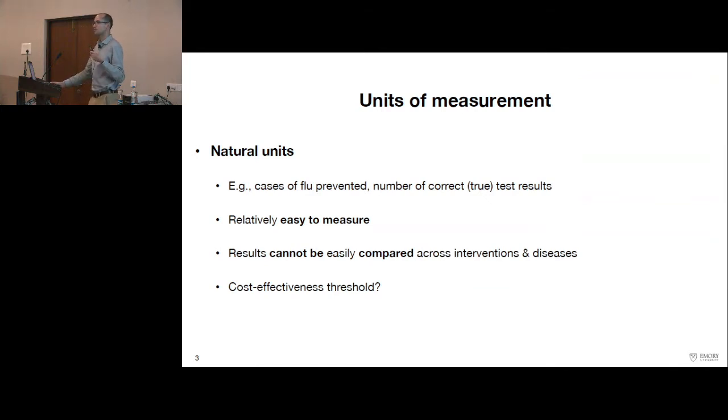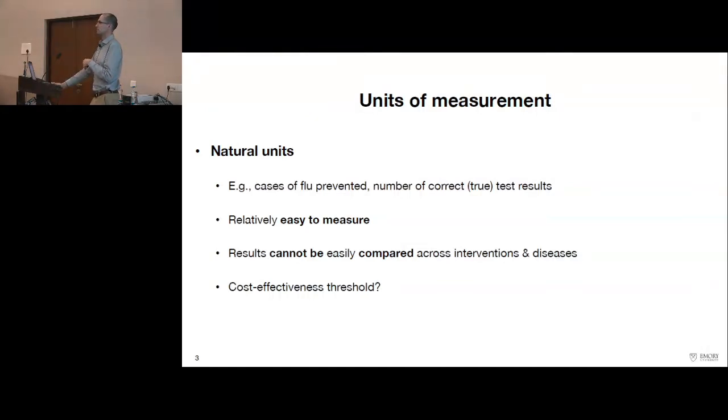We would need a specific cost-effectiveness threshold that would tell us that each case of flu averted is worth at least 100,000 rupees. So for each natural unit, we would need its own specific cost-effectiveness threshold.